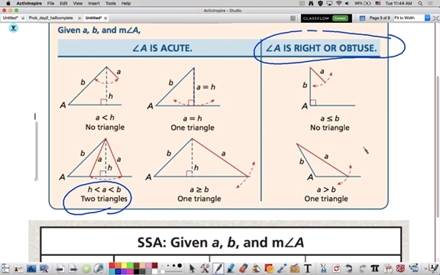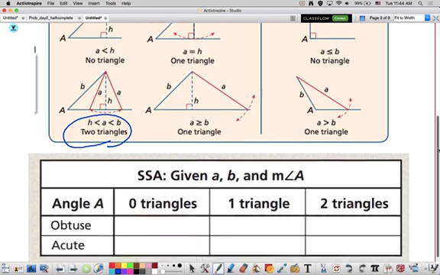If it's greater than b, you have one triangle. So only over here do you have a confusing case. Do you understand why there are different scenarios? You might want to summarize it with this little table here. It might help you. I would do that. But I want to practice using this information.